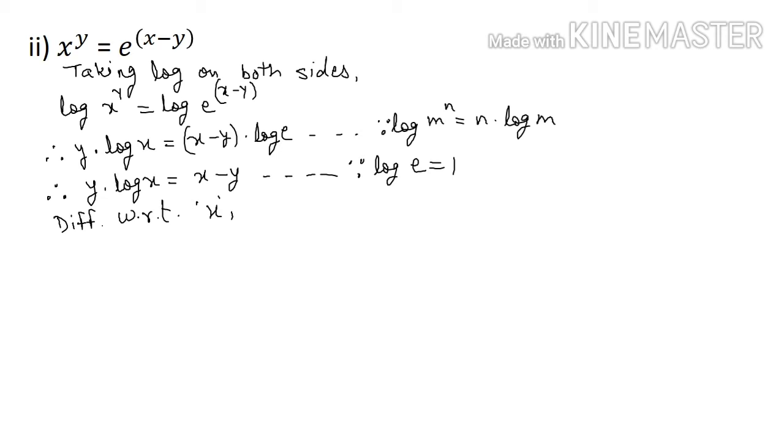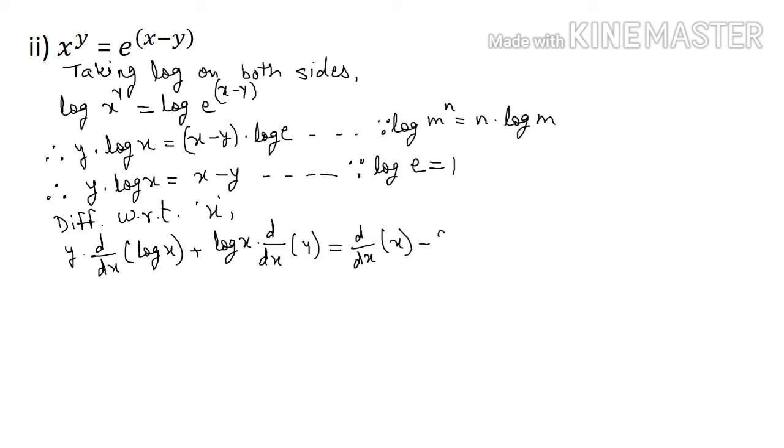So you get y into d dx of log x plus log x into d dx of y is equal to, now this side it is just x minus y, so we have to differentiate x and y separately. So you get d dx of x minus d dx of y.